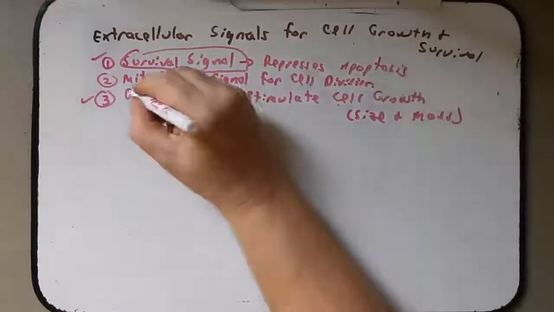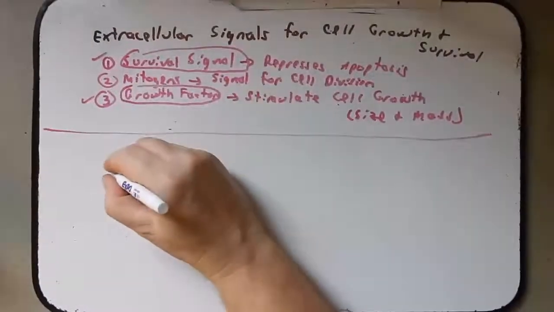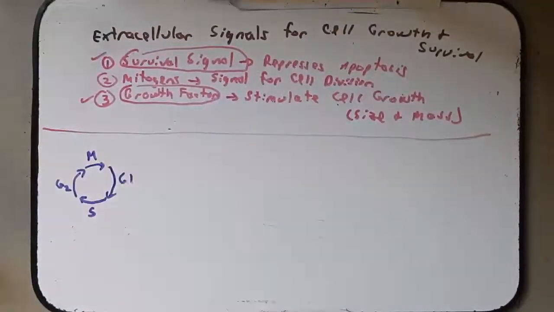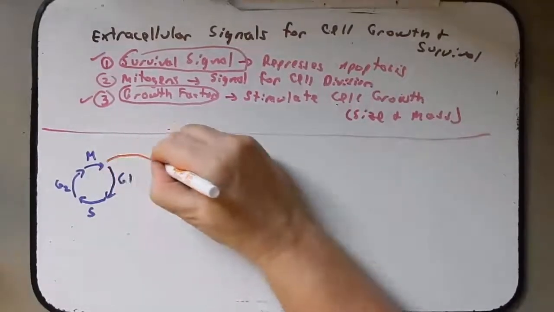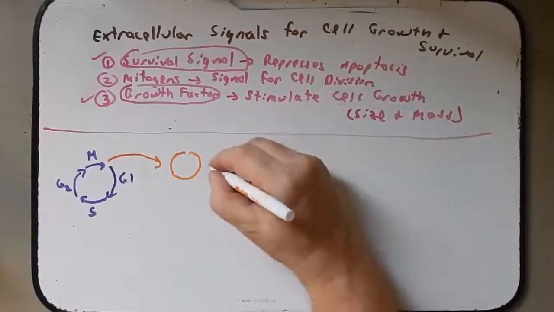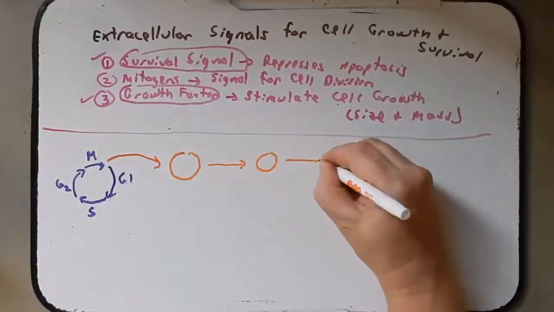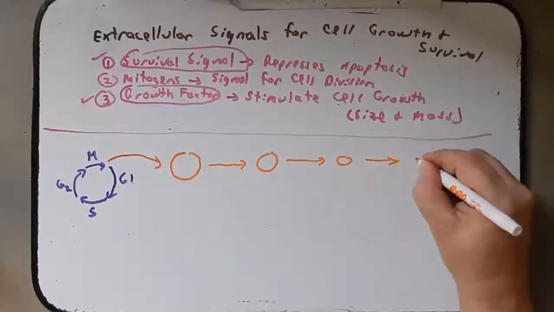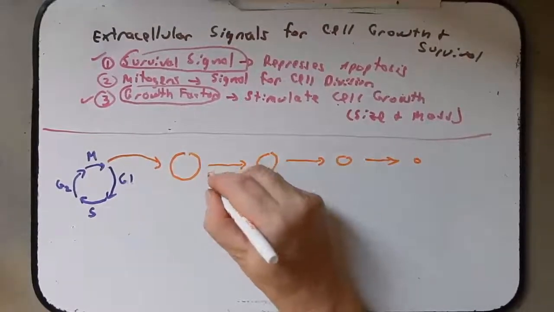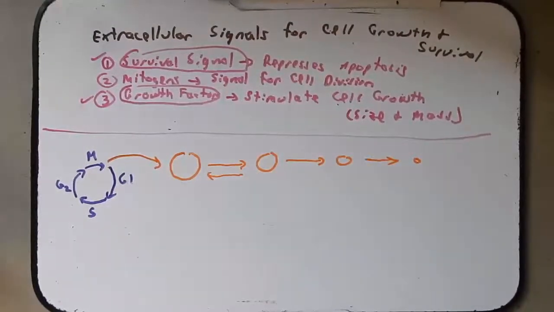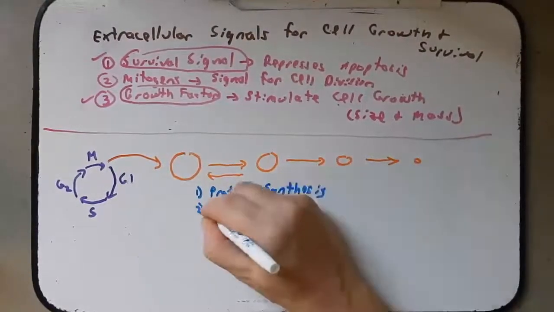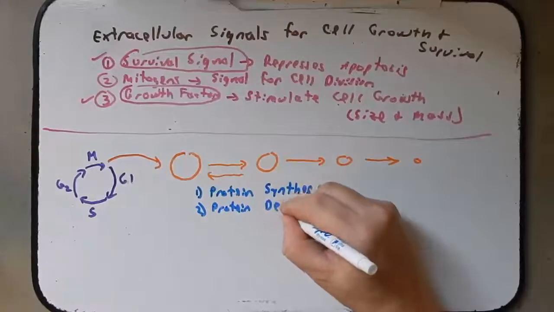Next, let's talk about growth factors. Remember when we talked about our cell cycle, that at the end of this cell cycle, a new cell was produced. This cell, just left to its own devices over time, would get smaller and smaller and smaller. But it maintains this size due to a balance of protein synthesis and protein degradation.